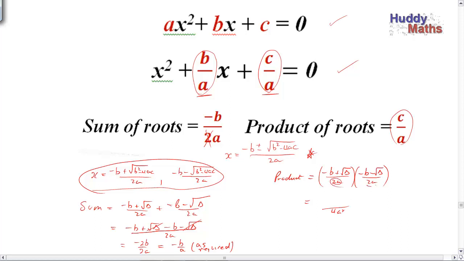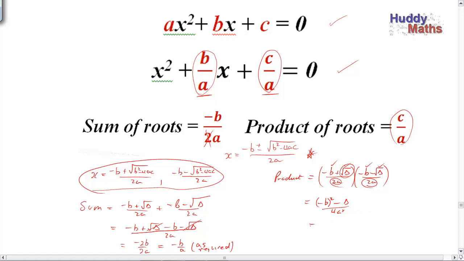This by this. And the top line will be negative b plus the root of the discriminant, negative b take. So that's a difference of squares, a take b, a plus b, will be the first one squared minus the second one squared. The root of the discriminant squared is the discriminant. So let's work it out.